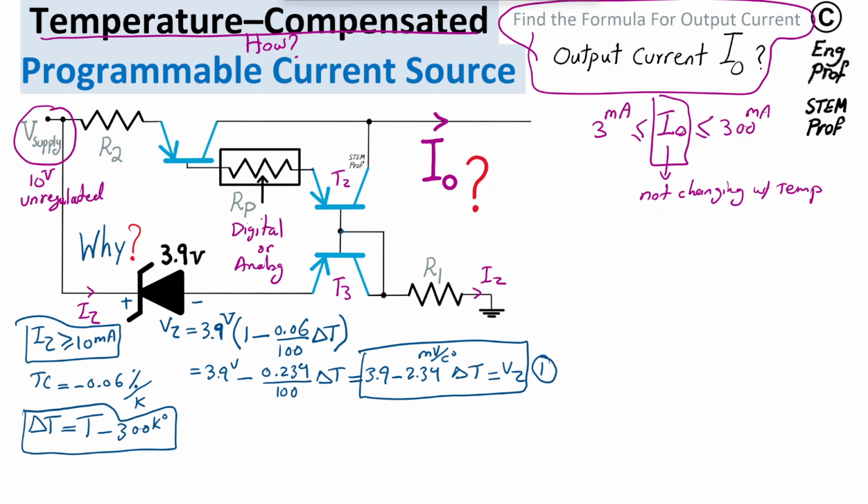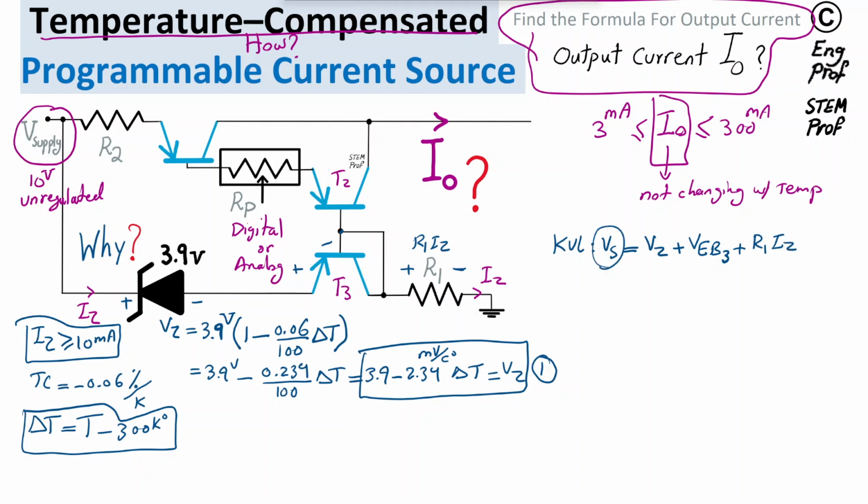So what happens is if we write, let's say, the KVL from V supply, we have the sum of Zener diode voltage, then the voltage of emitter base of transistor T3. So that's the emitter base. And then finally, we have the voltage drop across R1, which is simply R1 times IZ.